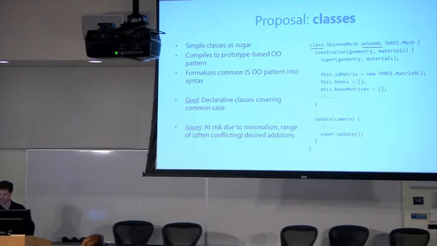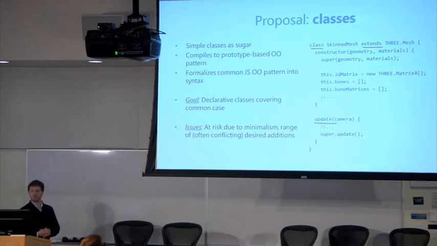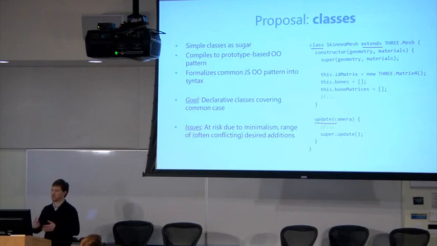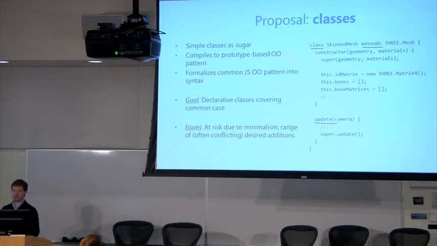My class can define a set of methods, and these are just setting up prototype properties. So here the update method is just going to be SkinnedMesh.prototype.update. This is exactly the kind of code that a developer would write today to write a class manually in JavaScript, but I'm doing it with more declarative syntax here.